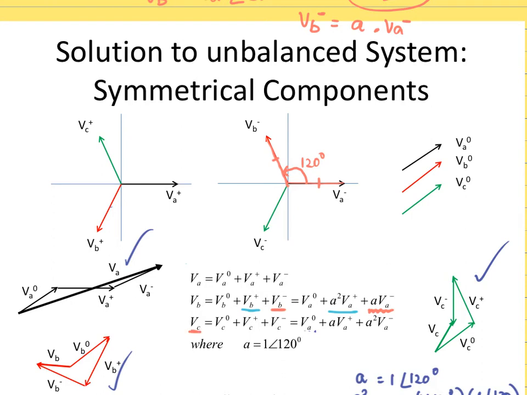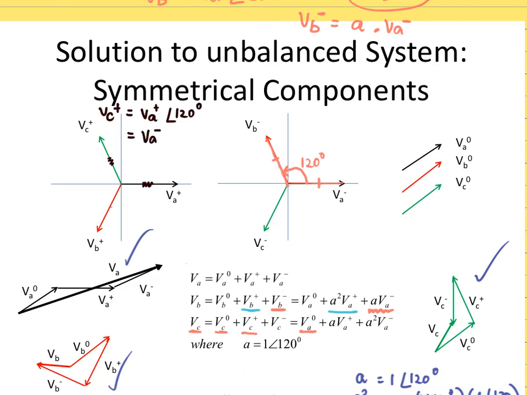So VC 0 is the same as VA 0. And let's see what VC positive is. Here is VC positive and here is VA positive, same amplitude. So VC positive has the amplitude VA positive and an angle of positive 120.